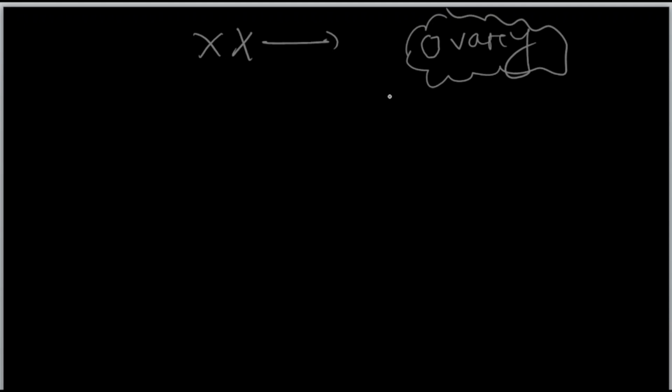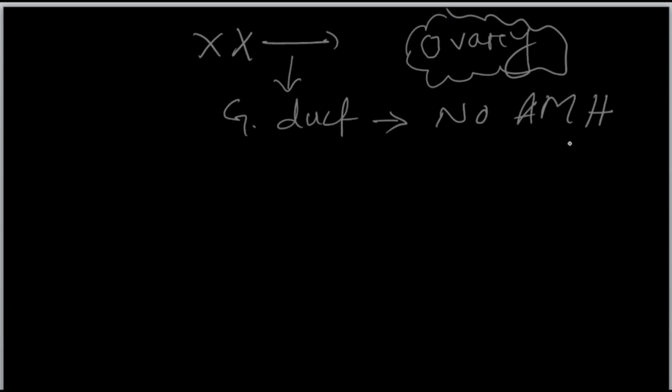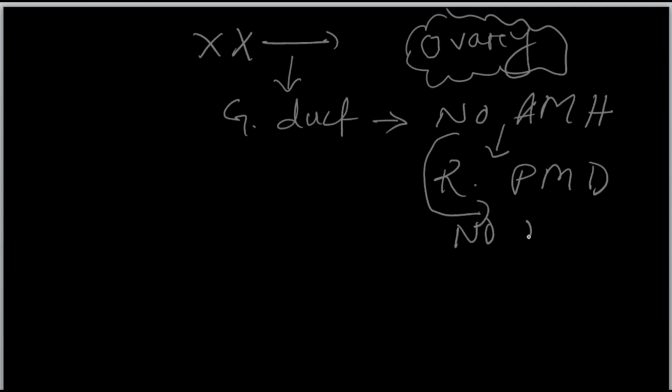Now the genital duct. As there is no Sertoli cell, no secretion of AMH, and anti-Mullerian hormone mainly causes regression of the paramesonephric duct, as no AMH, no regression. There is development of the paramesonephric duct.